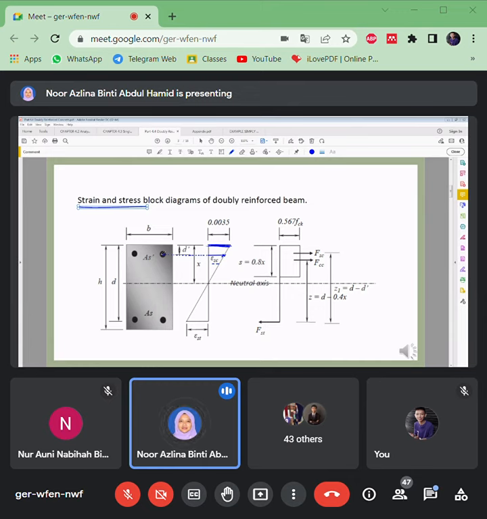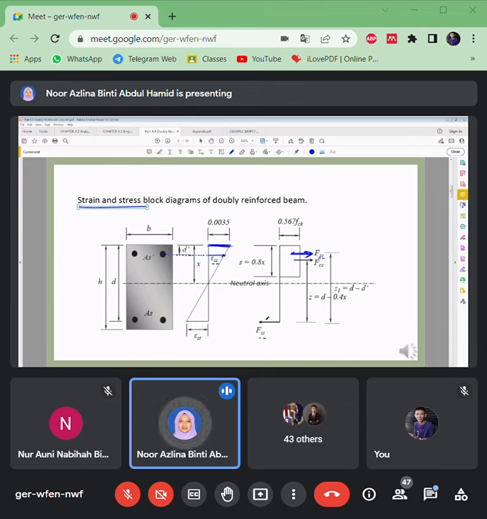Same goes for the stress and forces for the steels. There will be another force, FSC, which is the force for steel in compression. This is the force for steel in tension.